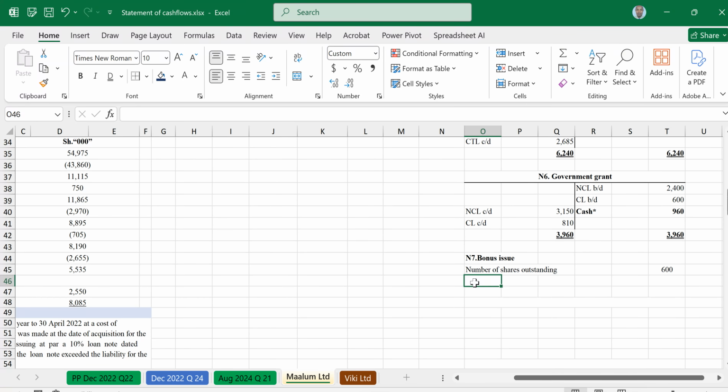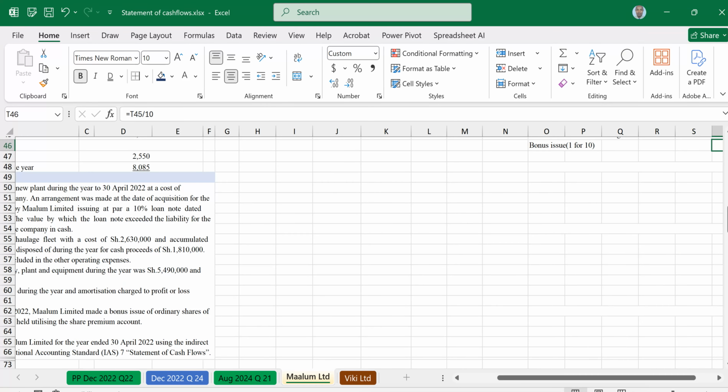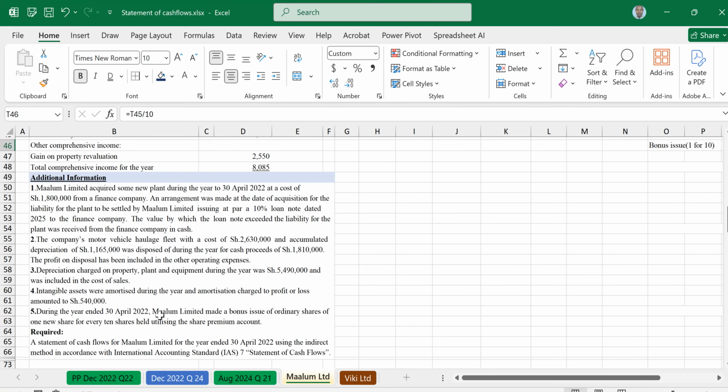A bonus issue was 1 for 10. Now what that means is that you simply take 600, then divide that by 10, and you realize that this is 60 shares. The bonus issue was 60 shares. Then after getting the 60 shares, what is the amount? Remember, the amount is just 10.